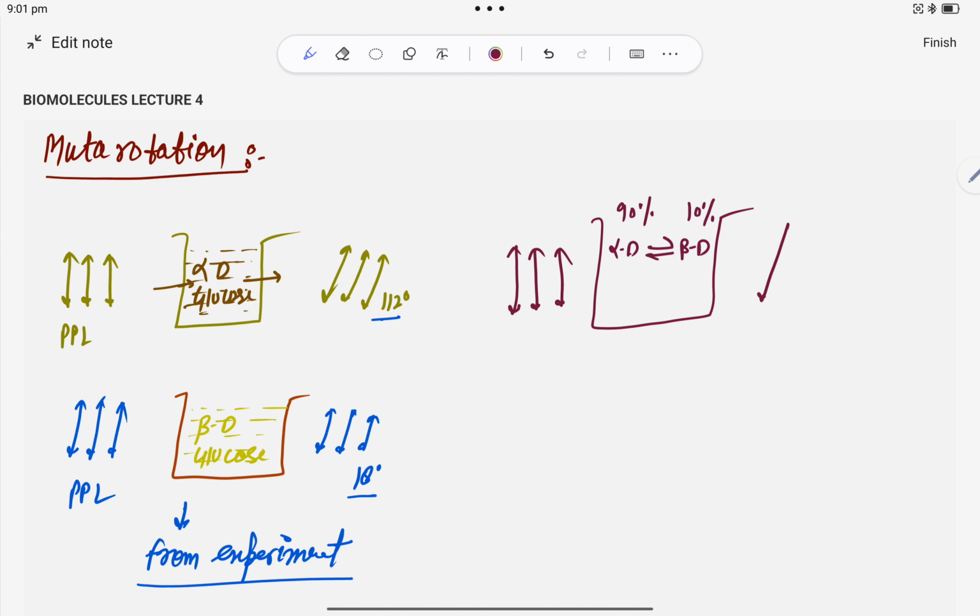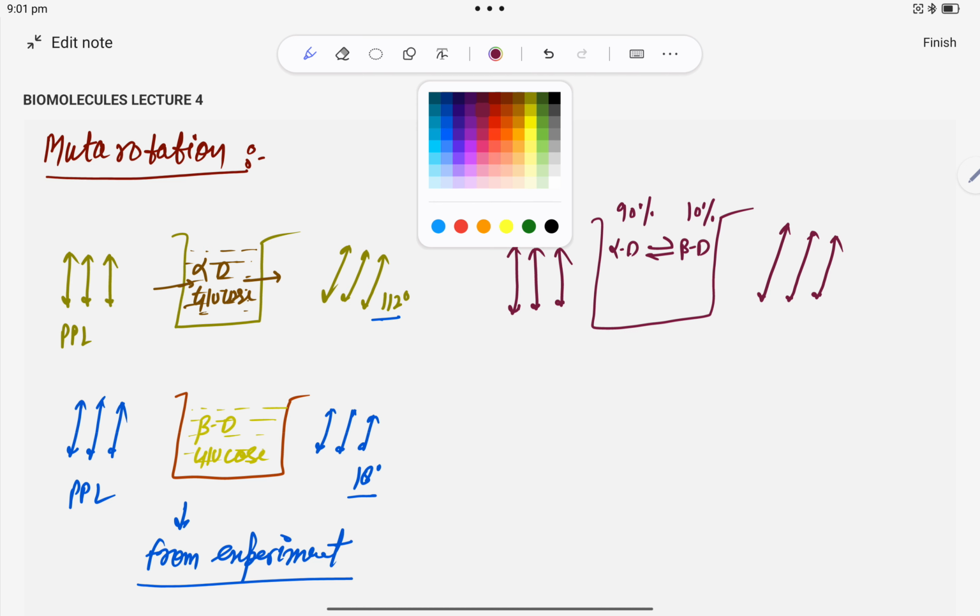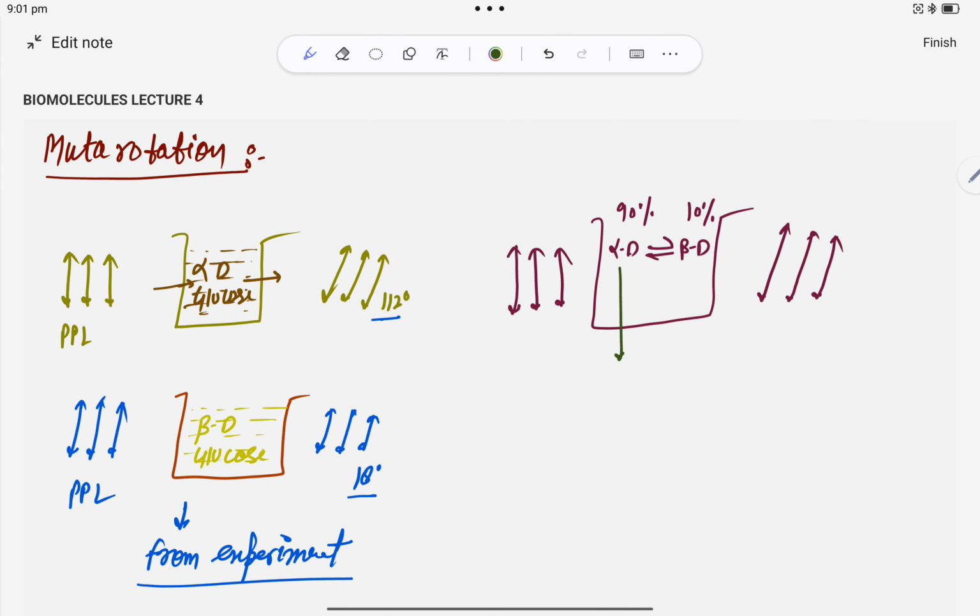In that case, what is the deflection of the light?